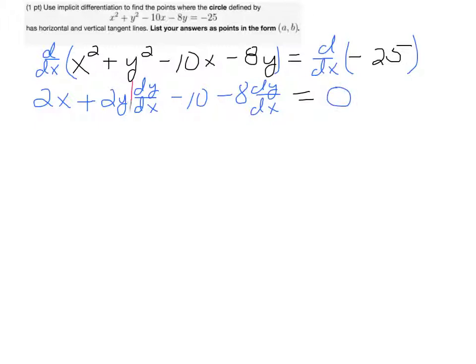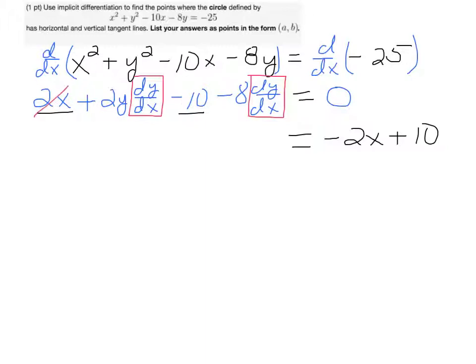Now, what we're going to do next is a little bit of algebra, and we're going to solve for dy/dx. So I'm going to take this 2x and this minus 10, and move them over to the right-hand side of the equation. When I do that, I get a minus 2x and a plus 10 because they switch sign.